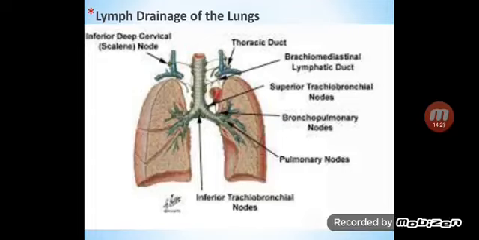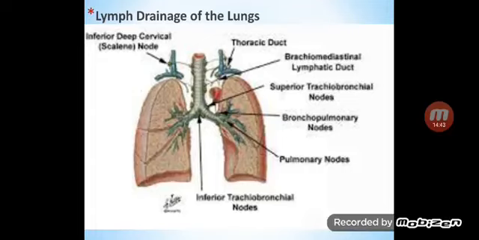So they drain the substance of the lung, the parenchyma of the lung. It ends in the hilum. Just like the superficial, it ends in the bronchopulmonary lymph nodes at the root of the lung.